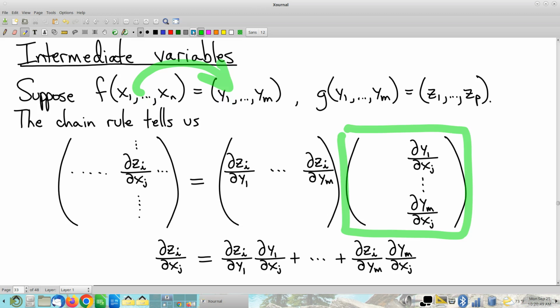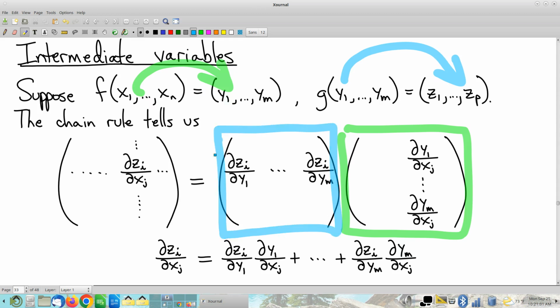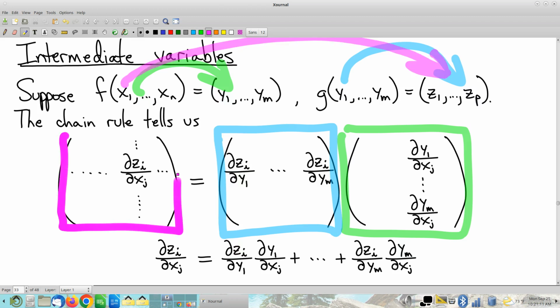And then we're going to imagine that it is going to be composed with a function that turns the y variables into the z variables. And its derivative matrix is right here. The composition then, of course, turns the x's into the z's, and its overall composition derivative matrix is that right there.